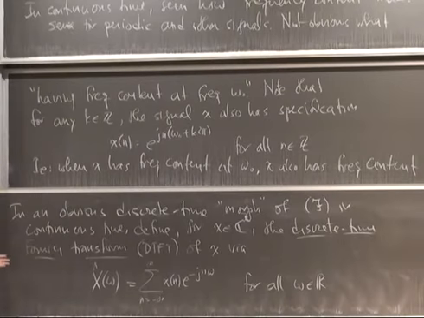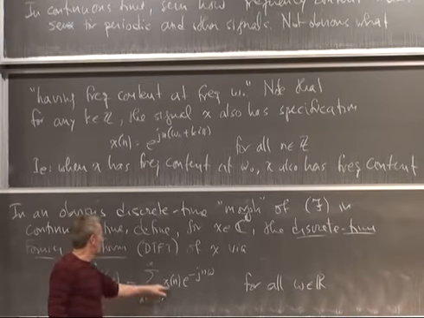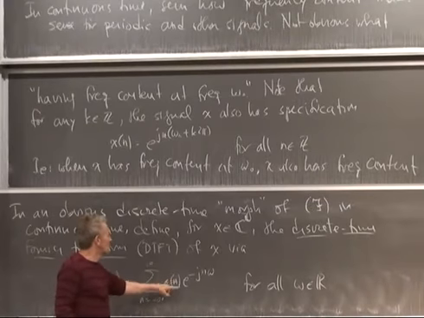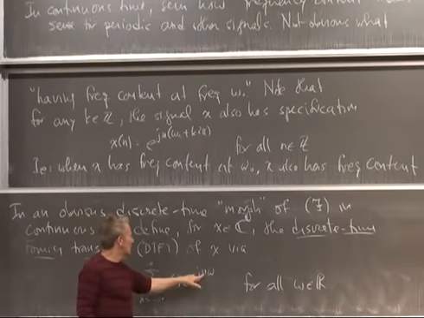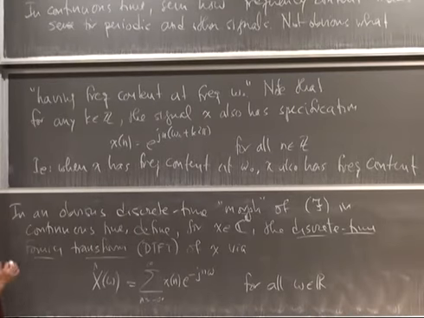To me, that's an obvious discrete time morph of equation script f. In continuous time, we had an integral, instead of a sum, over all time, of x of t e to the minus j omega t dt. Here n plays the role of t, little omega plays the role of capital omega, sum plays the role of integral, and there you go.